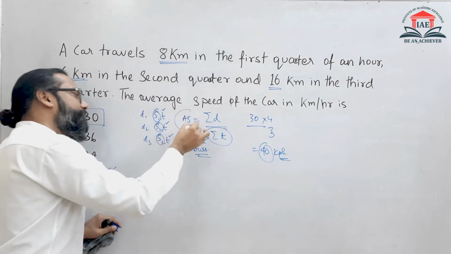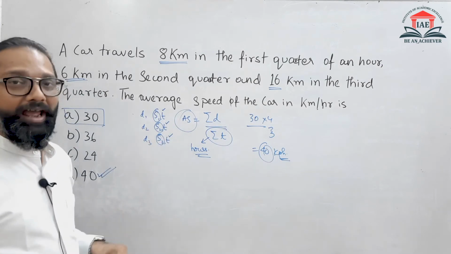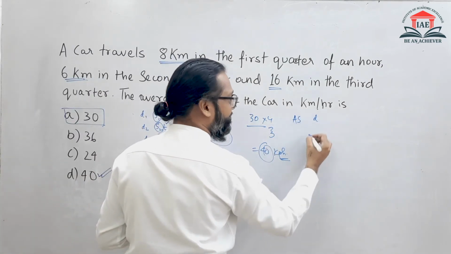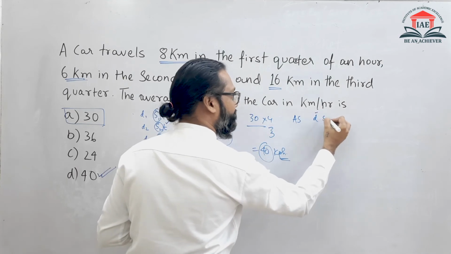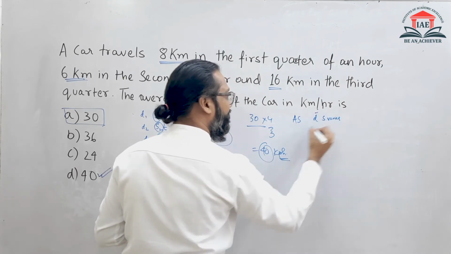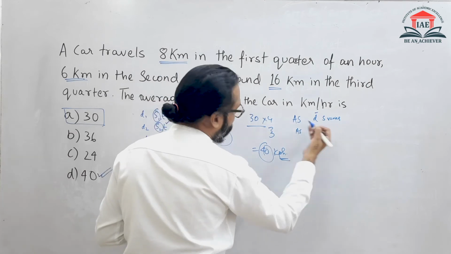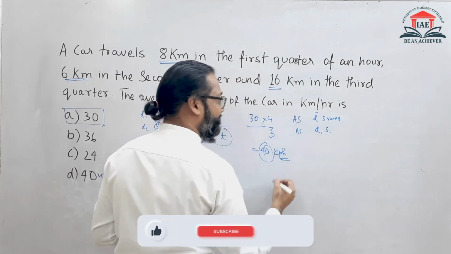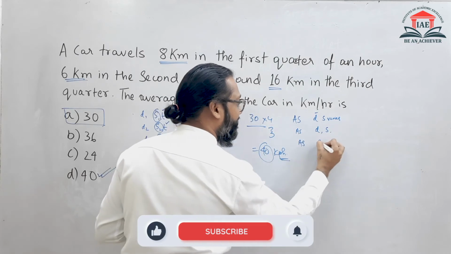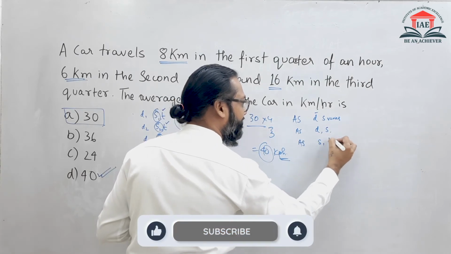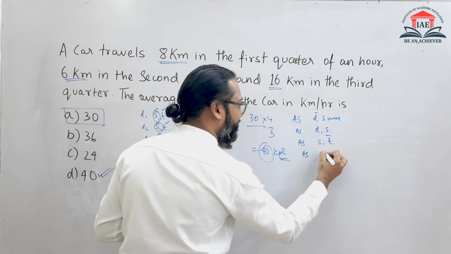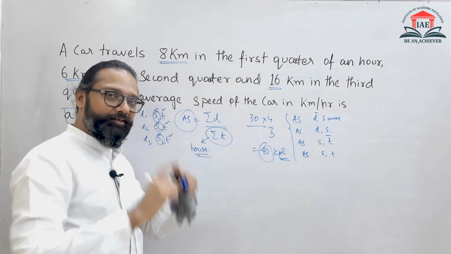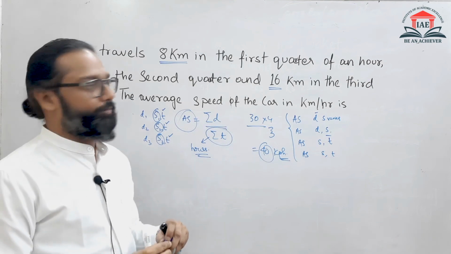There are many more things attached to average speed. What would be the average speed when D is same, S varies? What would be the average speed when you have different Ds and different S? Average speed when S varies, T is same. Average speed when S varies, T varies. All different models and different kinds of average concepts are used.